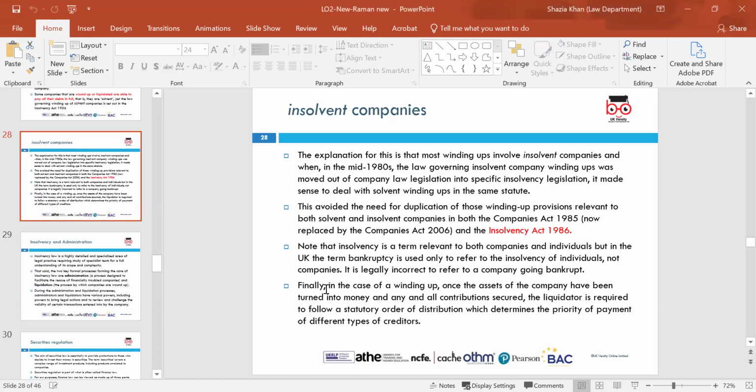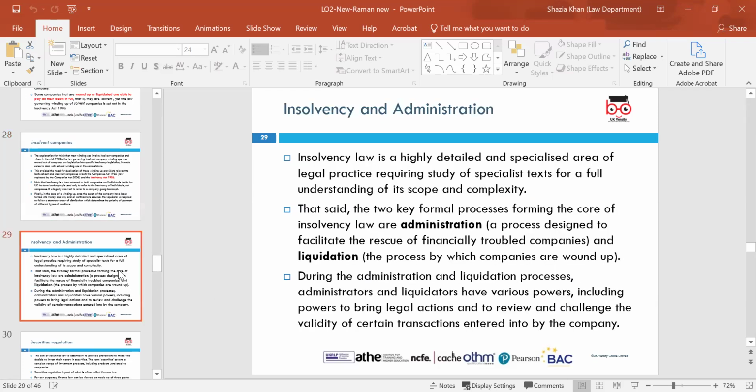Insolvent companies, as we looked at. The next one is insolvency and administration. So there are stages of insolvency. When a business cannot pay its debts, there are rescue strategies. The first is restructure, which is a financial or operational restructure by reducing costs or increasing sales.